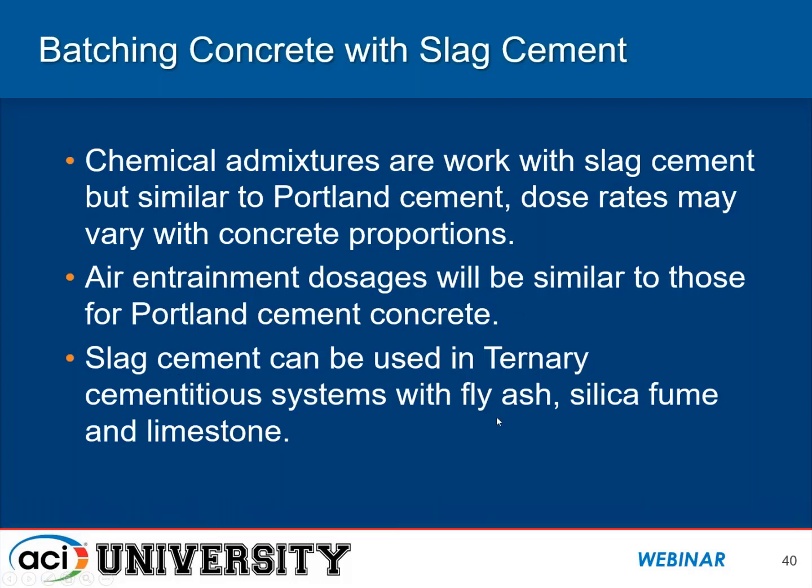And it can be used in ternary blends. You can mix slag with fly ash and Portland cement, or slag and silica fume together, and it can be used with limestone as well. So you can take a Type IL cement and mix slag with it. And actually, it's interesting, the IL cements with slag work better than the Type I with slag.